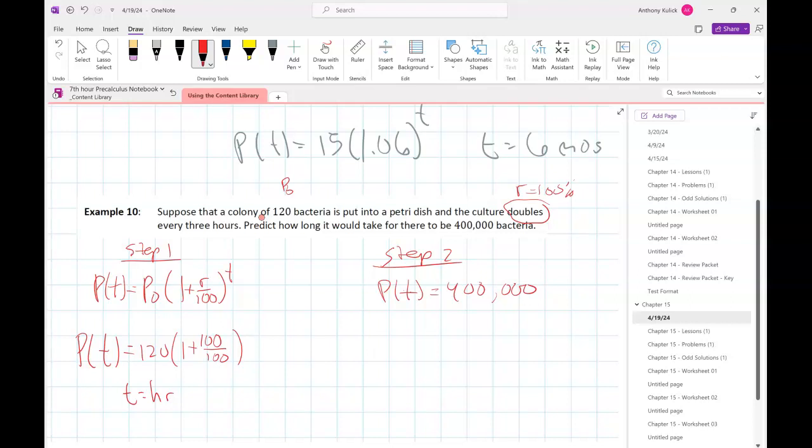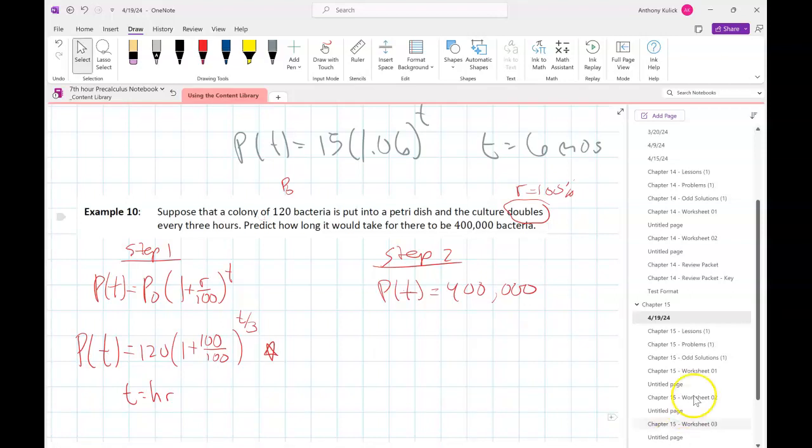Do I get more than 1 doubling or less than 1? Less than 1, right? How much less than 1? It's a third, right? If it takes 3 hours to double and we only go for an hour, a third of that doubling happens. So there's my model.